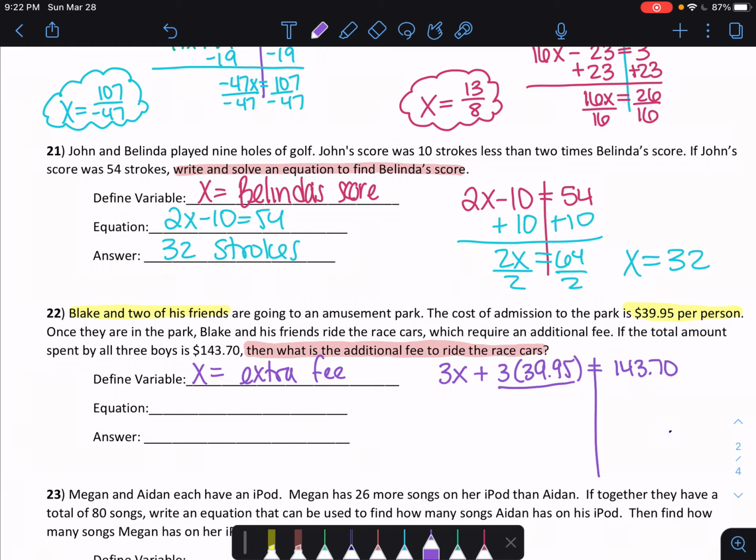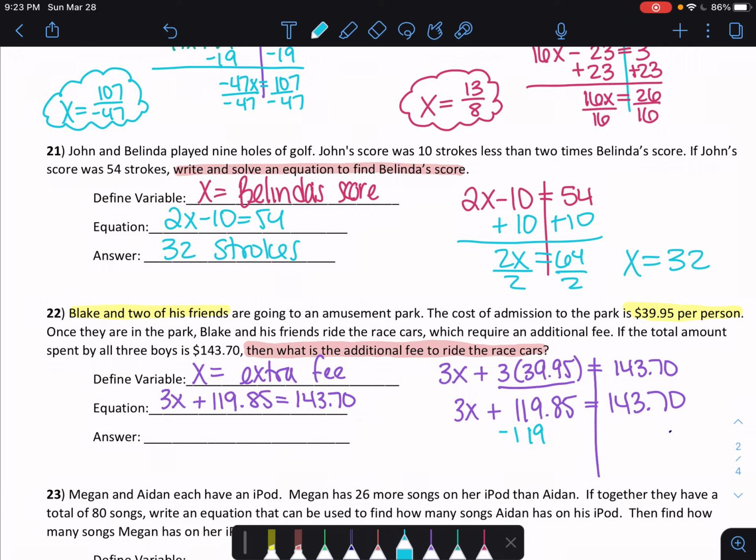So 3 times 39.95 is going to be 119.85 equals 143.70. And that's the equation I'm going to put on my equation line. So 3x plus 119.85 is equal to 143.70.